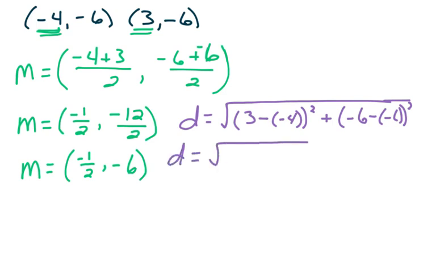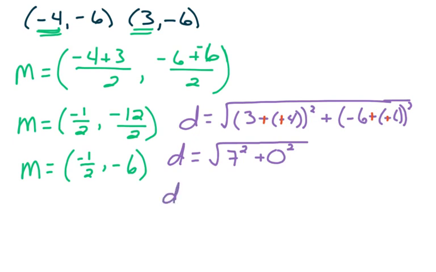So 3 minus a -4 is going to give us 7 squared, plus -6 minus a -6. Remember, whenever you're subtracting negatives, it's always change. So it's -6 plus 6, which is going to give me 0. Oh, well, 0 squared is 0.